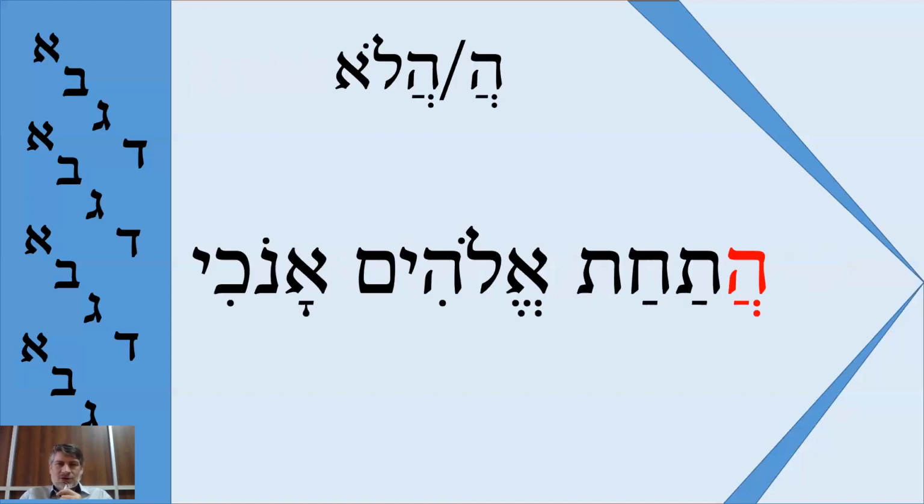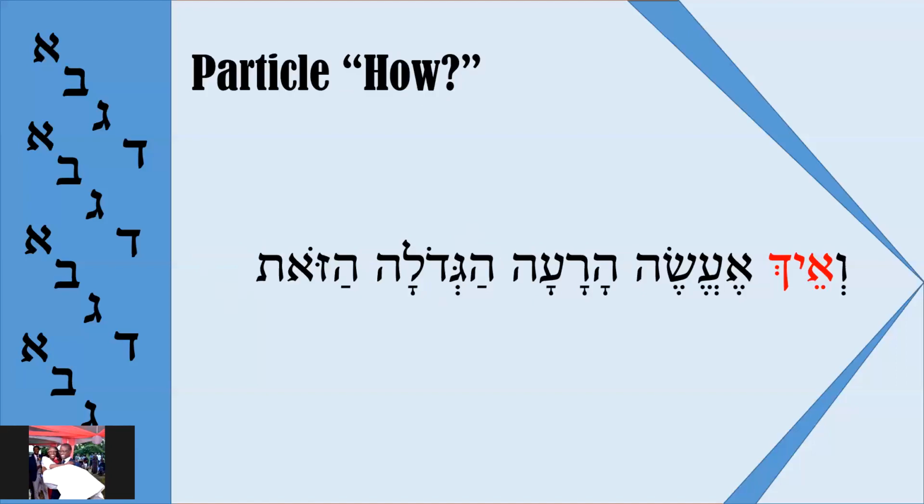So shall we continue? And one more interrogative particle. So this, yes. Can you go back to the previous one? Sure. When I thought that "ra" was evil and "ra'a" meant to see.